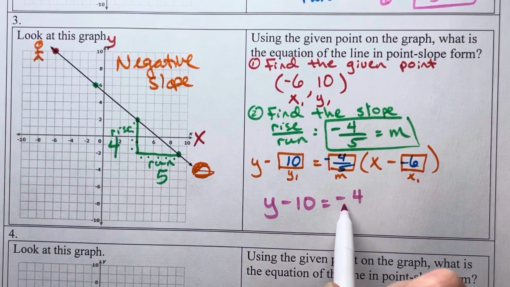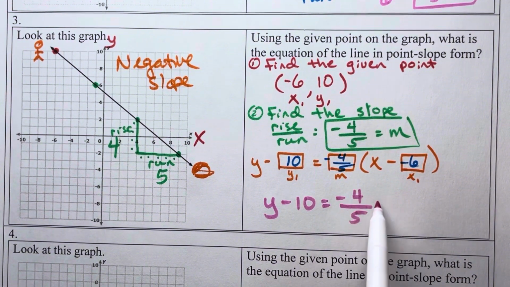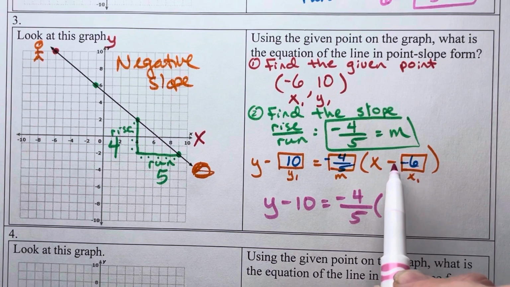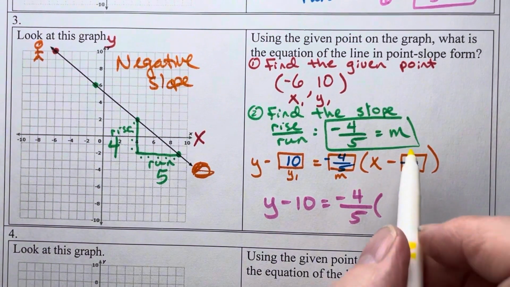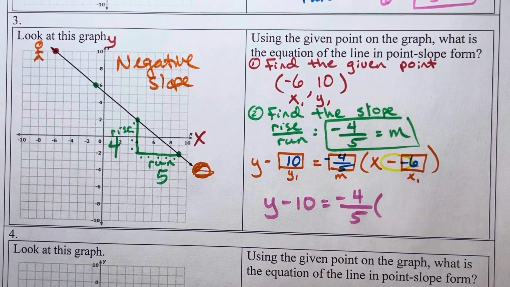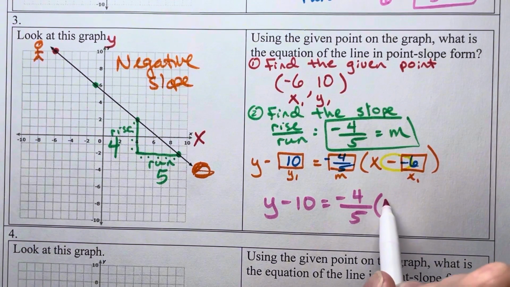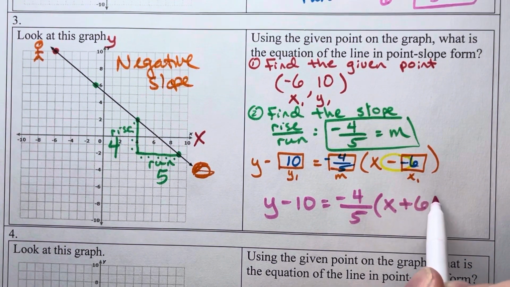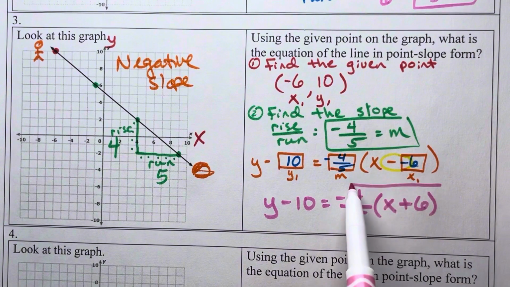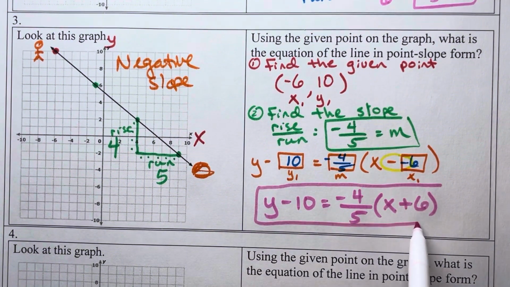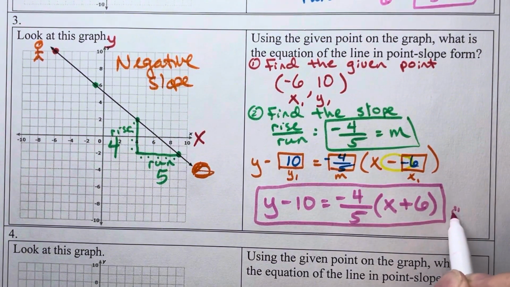A slope could be positive or negative, it doesn't matter. And oh, x minus -6. There it is, folks. We have a double negative, and that will be x plus 6. All cleaned up, nice and pretty, ready to go. And there you go.